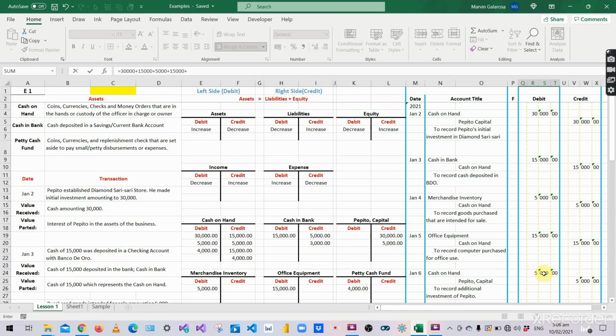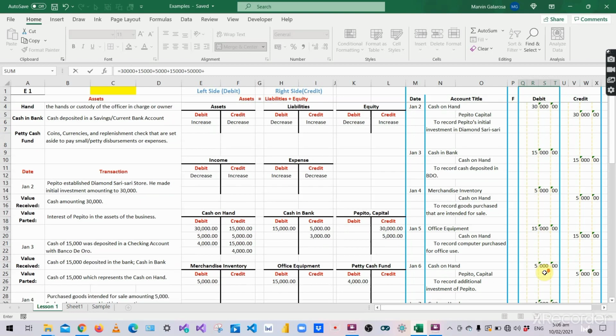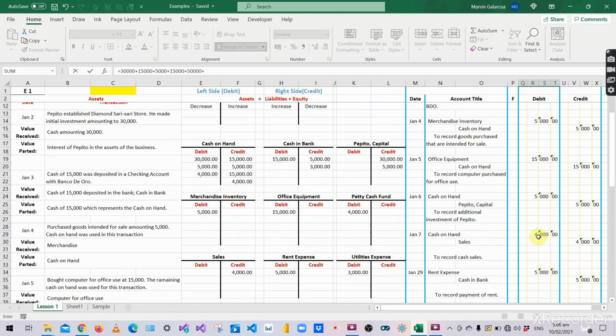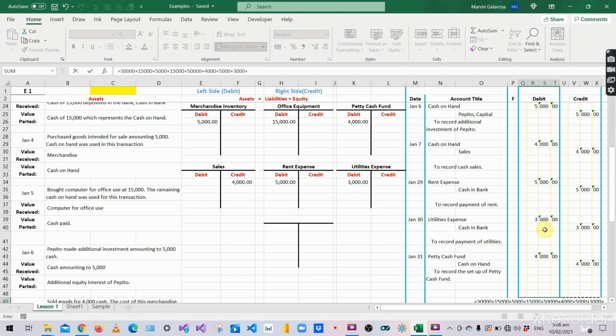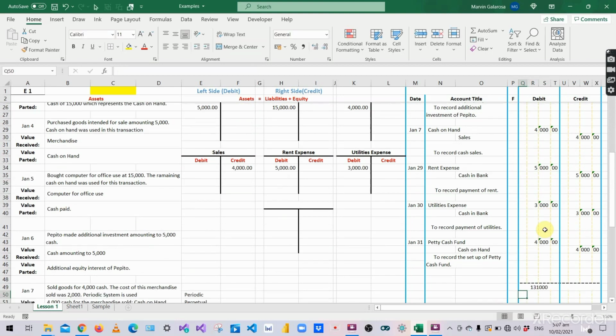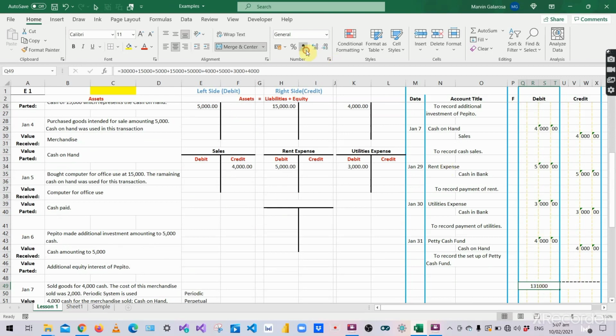And then another 5,000 sa January 6 plus January 7, 4,000 plus 5,000 and then plus 3,000. And then lastly, plus 4,000. Equal siya sa 131,000 debits. Check naman natin yung credits natin.